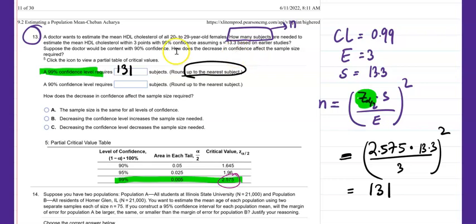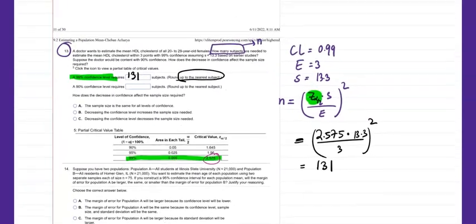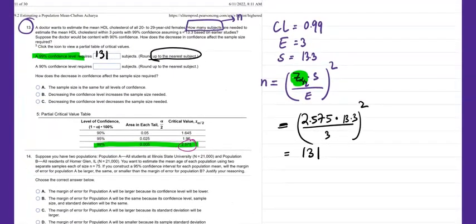Now suppose the doctor wants to estimate with 90% confidence. Now he wants to reduce the level of confidence from 99 to 90, and how much sample size is required this time? That's what we're going to find. So here we use exactly the same n formula: critical value times s divided by E, squared.